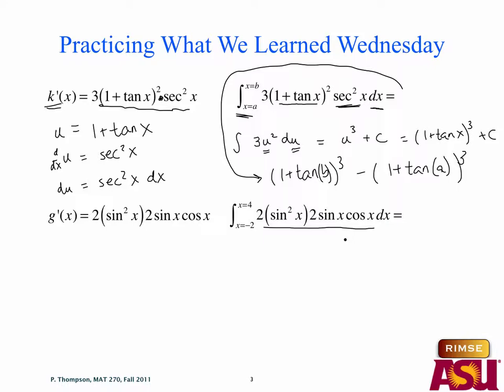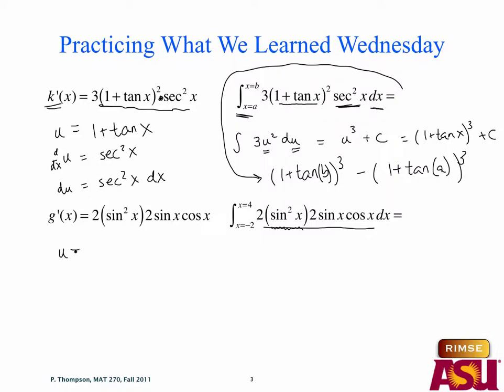So my strategy, once again, is to look for the complicated looking thing and see if its derivative is multiplied somewhere else in this expression. To me, the complicated looking thing is sine squared of x. So that's where I'm going to start and hope that it works.